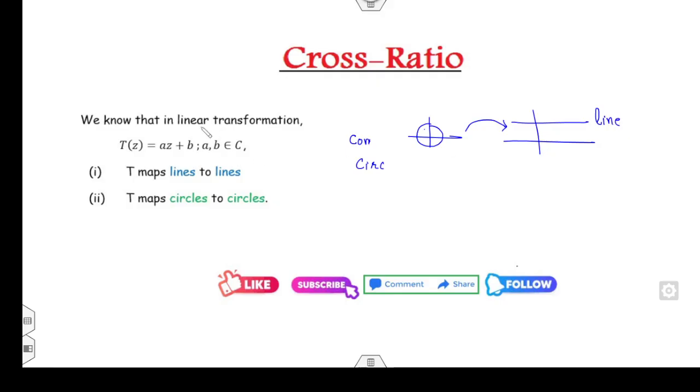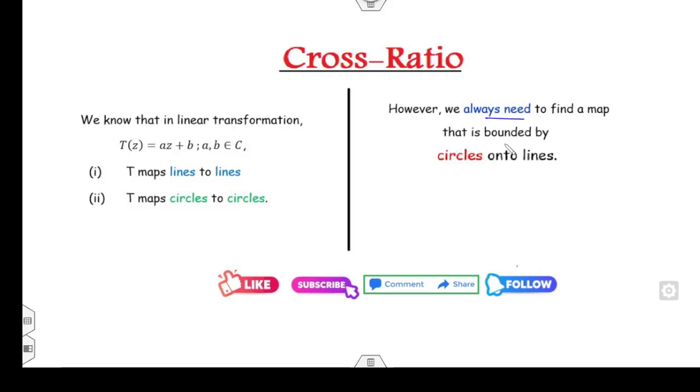Whenever there is a complex linear transformation, a circle maps to a circle and a line maps to a line, but we are always interested in finding maps from the circle onto the line.